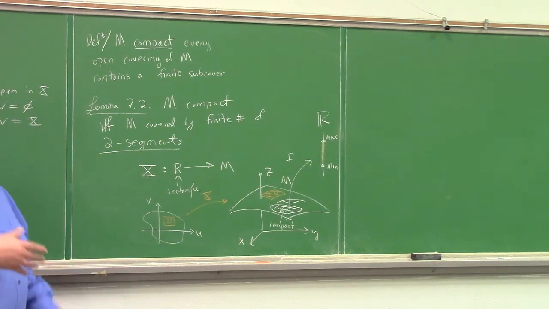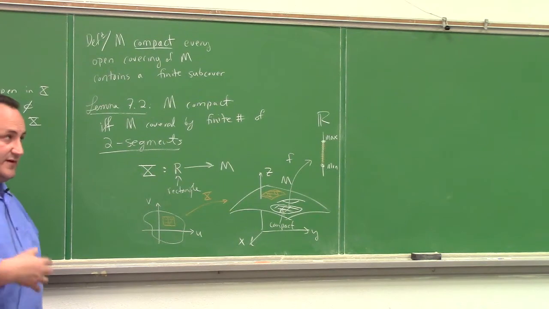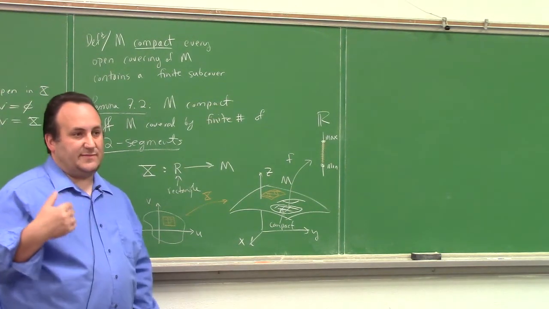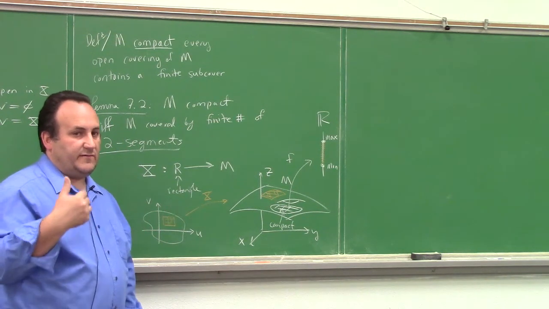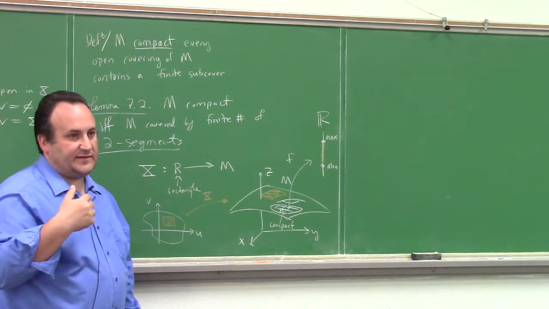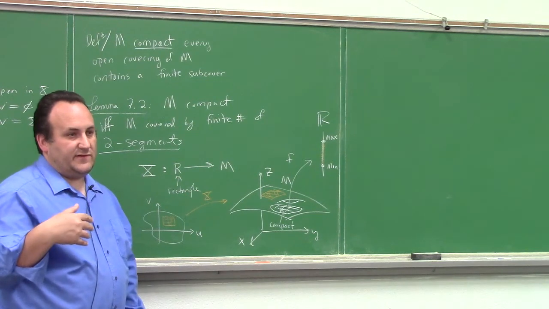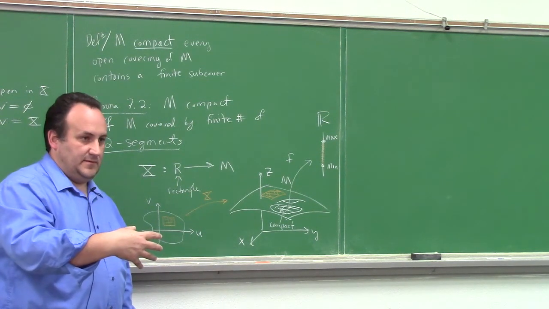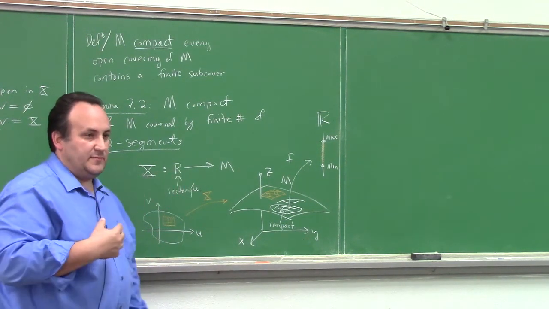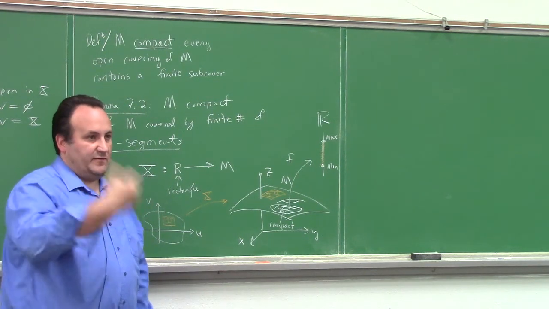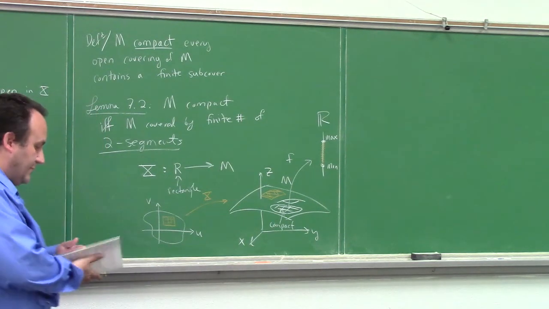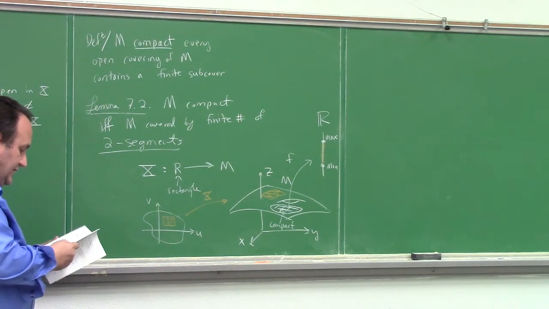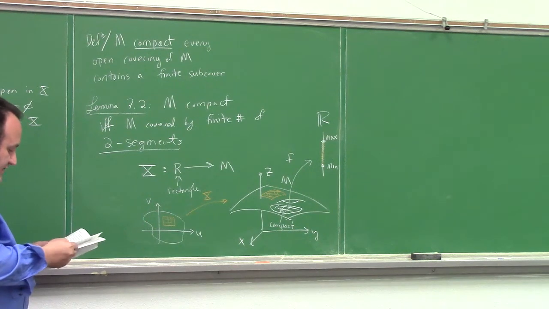So in Calculus 1, we state the extreme value theorem that a continuous function on a closed interval attains a minimum and a maximum. That theorem generalizes in the more abstract context to a continuous function on a compact set attaining a maximum and minimum. So compactness is sort of the generalization of the idea of closed interval in some sense. It's a finiteness condition. Finally, he defines orientable.